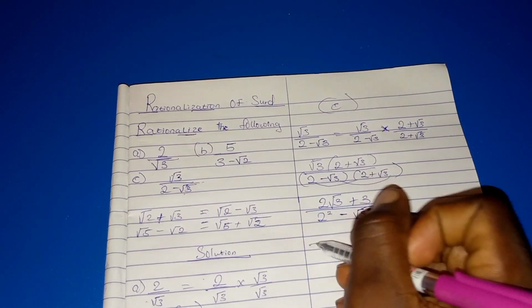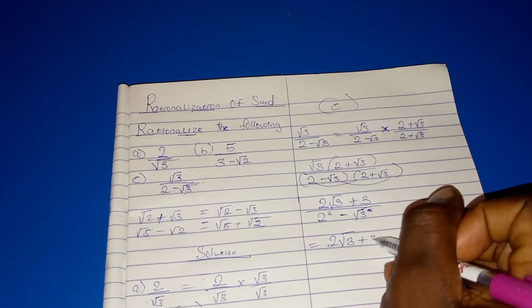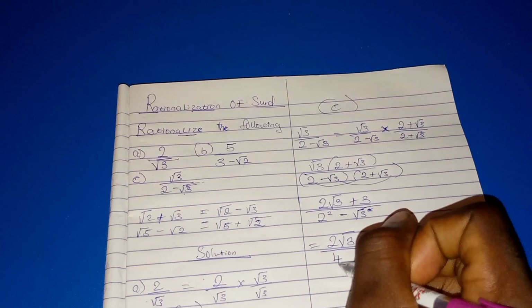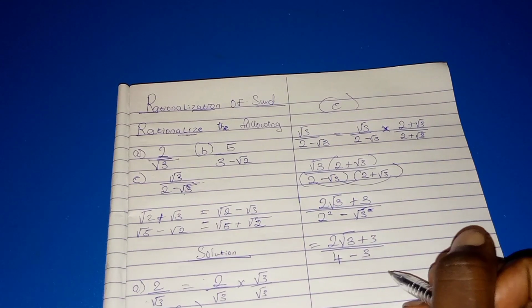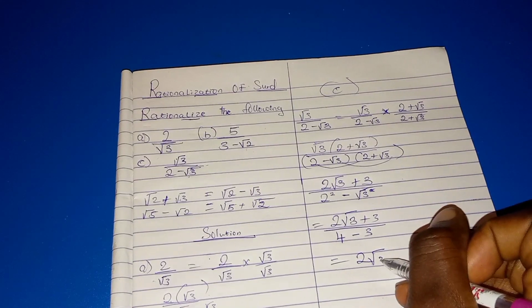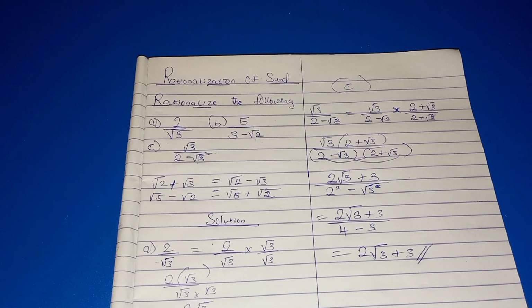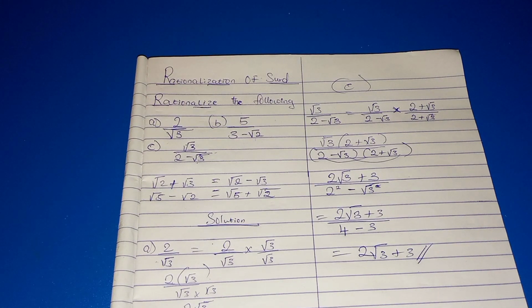So we obtain 2 root 3 plus 3 divided by 4 minus 3, which gives our final answer of 2 root 3 plus 3. So we have understood what rationalization of surds is. It's a process where at the end of the solution we have an answer that doesn't have any surd value in the denominator again.